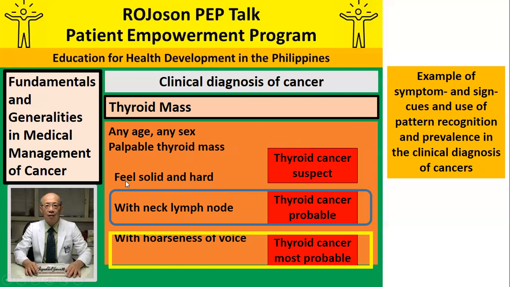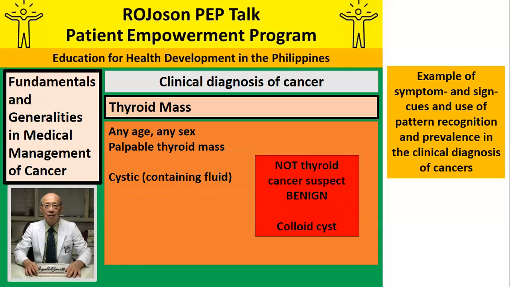If the mass, aside from solidity and hardness, is accompanied by palpable neck lymph node, then the diagnosis is thyroid cancer probable. And with hoarseness of voice, which is a sign of invasion, if this is present together with hard, solid mass and lymph nodes, then the patient should have a diagnosis of thyroid cancer, most probable.